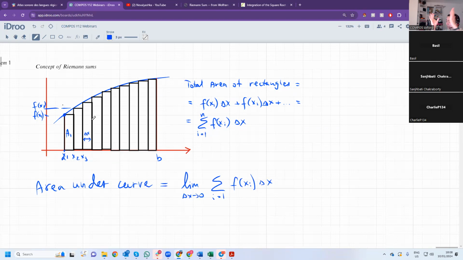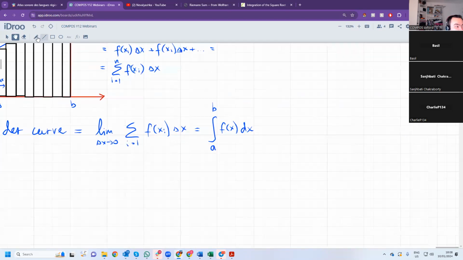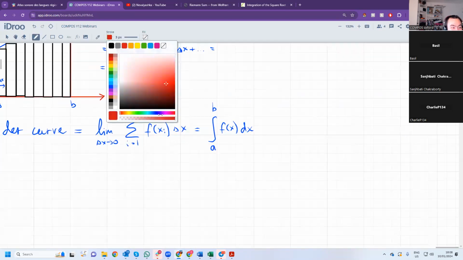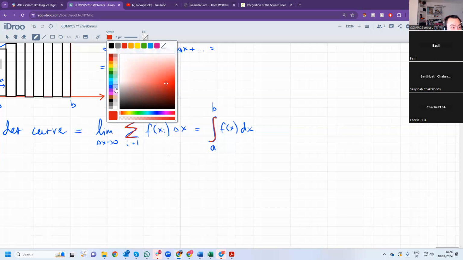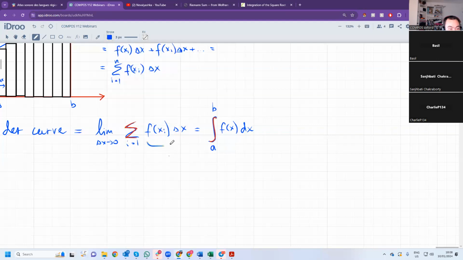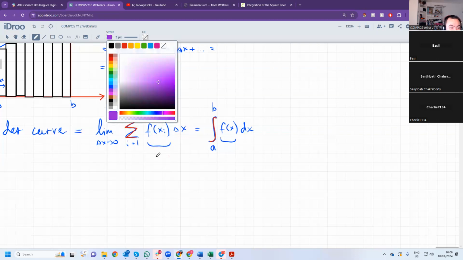So as the width of the rectangle becomes 0, this becomes the integral from a to b of f of x dx. So you can see the similarity. The sigma becomes the integral. f of x is f of x, and delta x becomes dx.